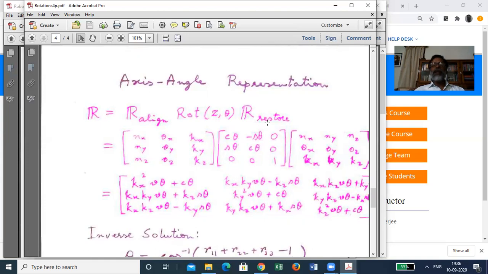Either you think in this manner, or simply you say that you represent the transformation corresponding to a rotation of theta about the z-axis in the basis for which the third axis is aligned. Third axis means z-axis is aligned to the k-axis, given axis of rotation. That is why the third column is this.